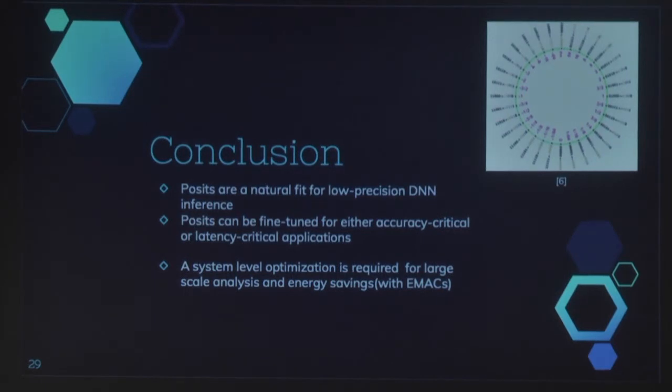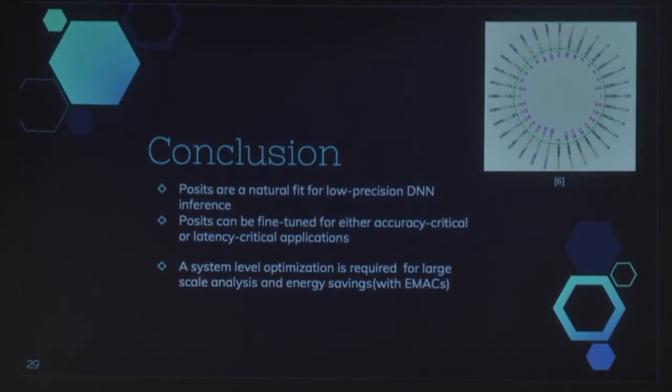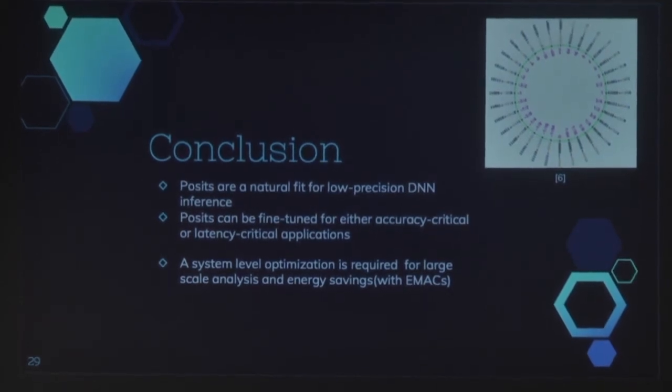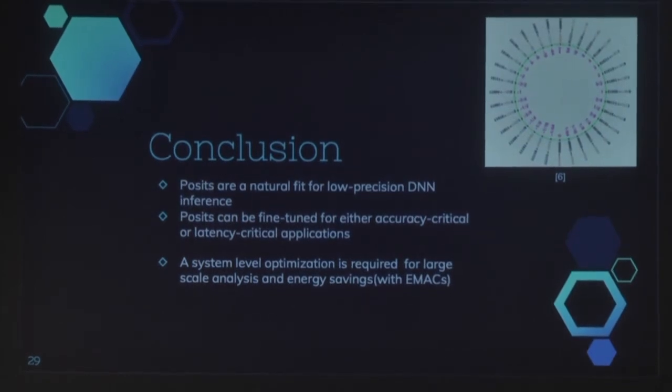So in summary, posits seem to be a natural fit for low precision DNN inference. We have done different kinds of quantization, and we see this behavior consistent across other quantizations. We are also starting to do the training, and we are getting some very interesting results.